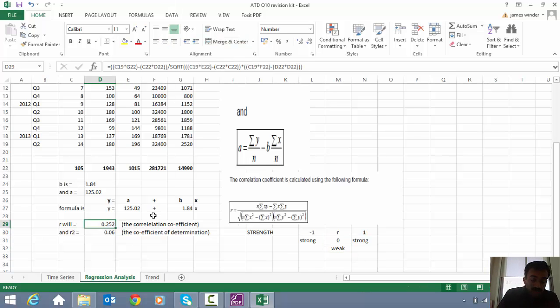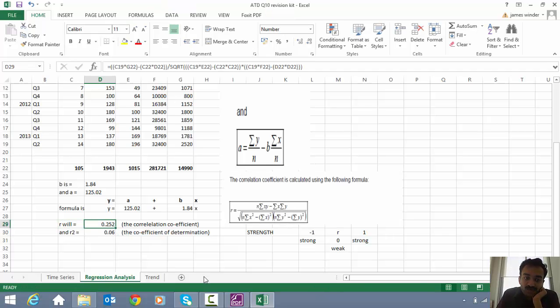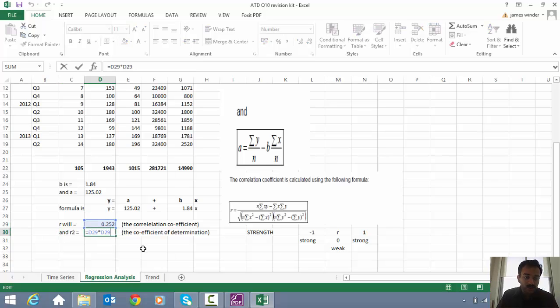And here, just to summarize what we're trying to achieve, we're trying to establish the strength of the relationship using this particular formula you see there, which has been calculated as 0.252. Now, although not there in the question, for your info, if you take the value of R and square it, you get what we call the coefficient of determination, which in this case comes out to 6%.